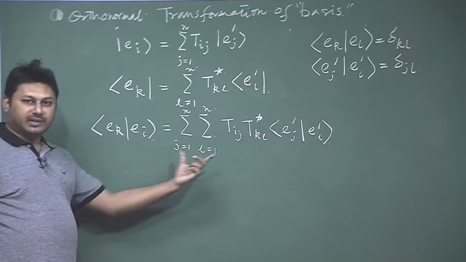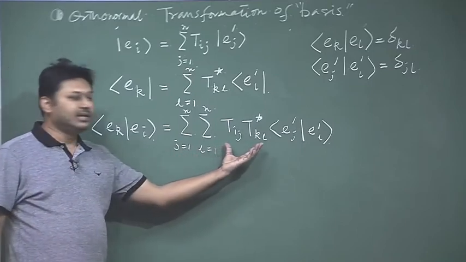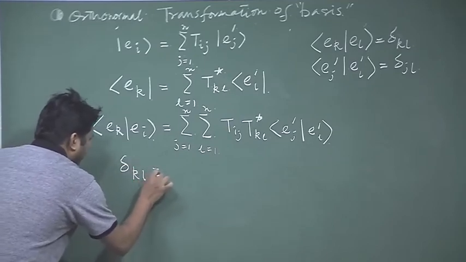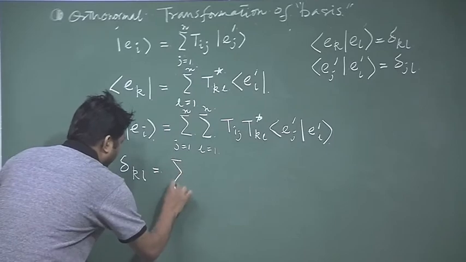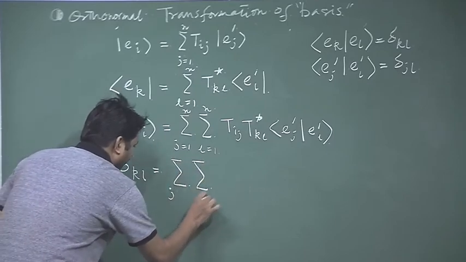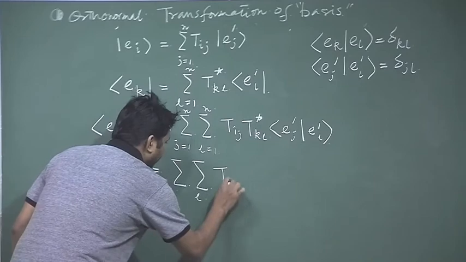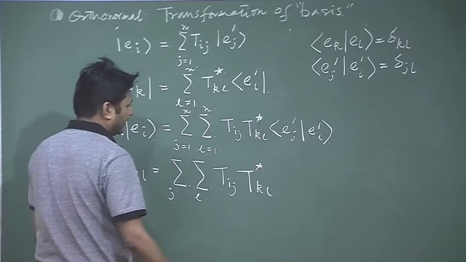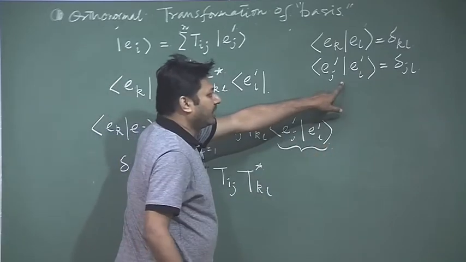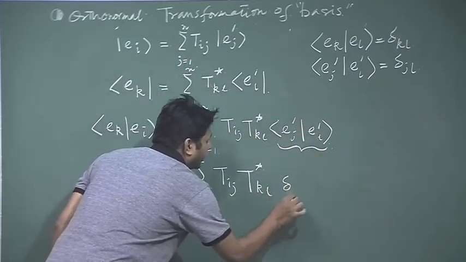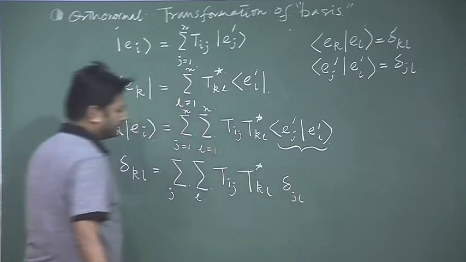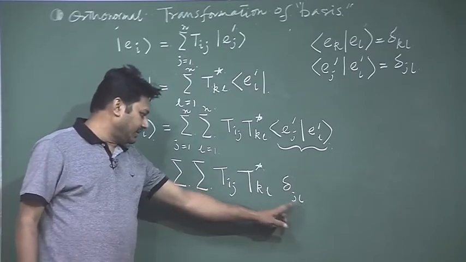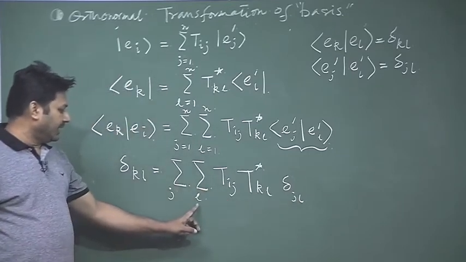Now I put both these conditions here so that I can get a relationship. So delta ki is equal to the sum over j, sum over l of T ij T kl star, and this quantity I demand should be a delta jl kind of thing. This means j and l both are dummy indices.